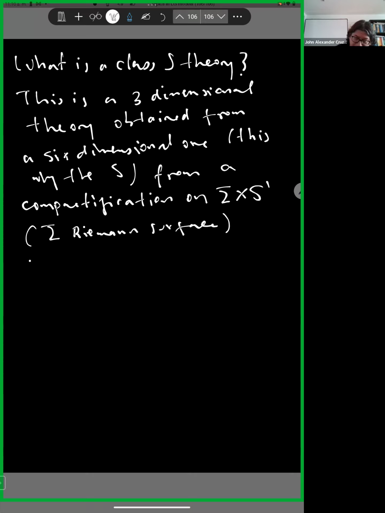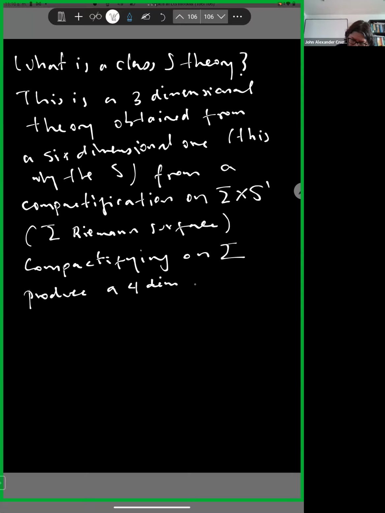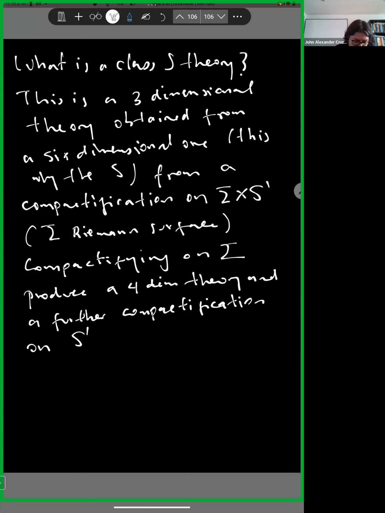So let me write this down. Compactifying on the Riemann surface produces a four-dimensional theory, and a further compactification on this circle produces a three-dimensional theory.